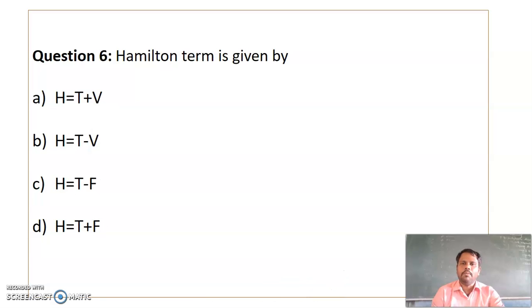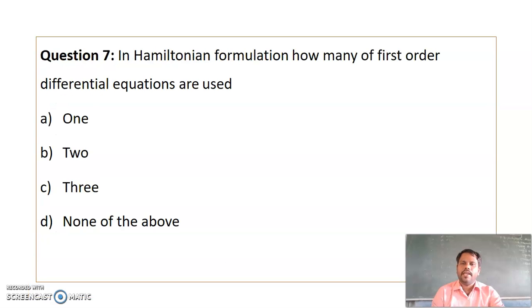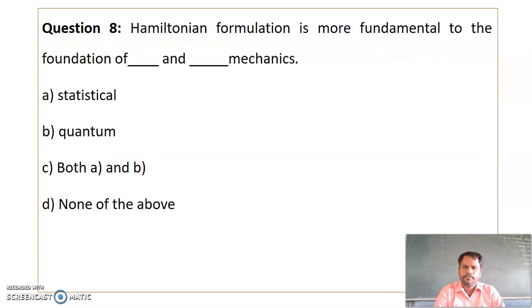Question number 6. Hamiltonian is given by H is equal to T plus V. So option is A. Question number 7. In Hamilton formulation, how many sets of first order differential equations are used? We use 2 sets of first order differential equations. So option is B. Question number 8. Hamilton formulation is more fundamental to the foundation of dash and dash mechanics.